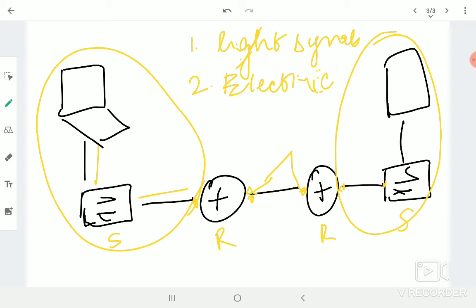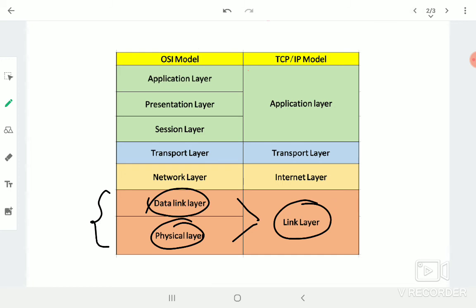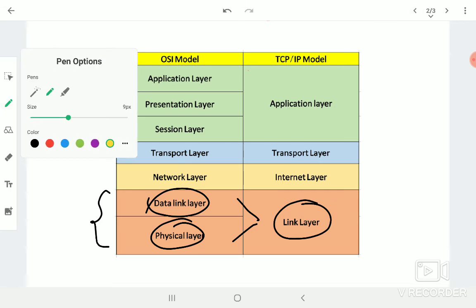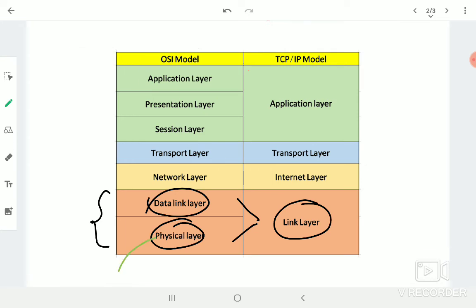Or we cannot connect anything, and the communication can happen with the help of Wi-Fi, which means radio waves, right? So physical layer actually talks about these connections, or the mode of communication. It talks about the mode of communication.